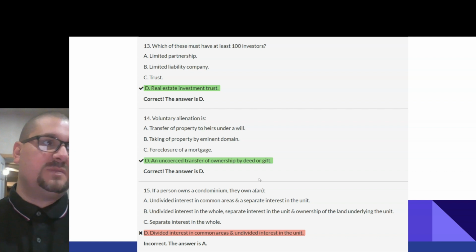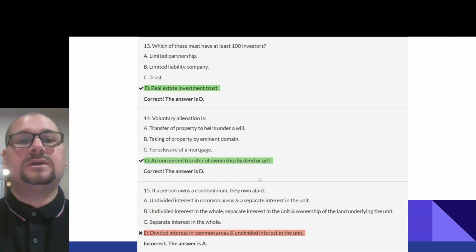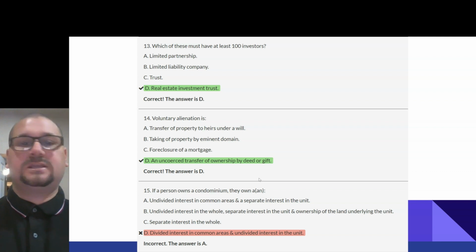Foreclosure, you miss 3 payments, right? The bank is going to foreclose on your property. That's involuntary alienation. We're talking about voluntary alienation, so it's an uncoerced transfer of ownership by deed or gift. You're just being nice and you're transferring the deed or ownership through a gift or someone paid you, and that's voluntary alienation.